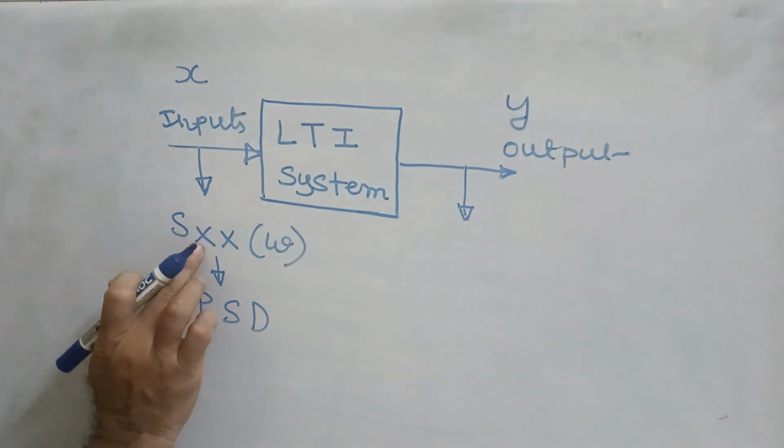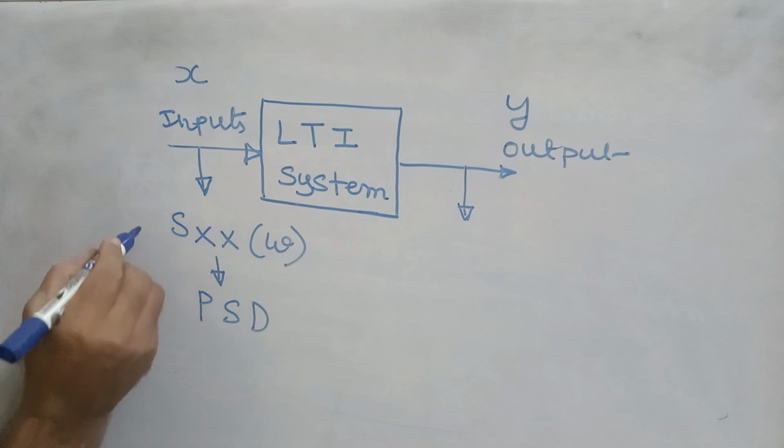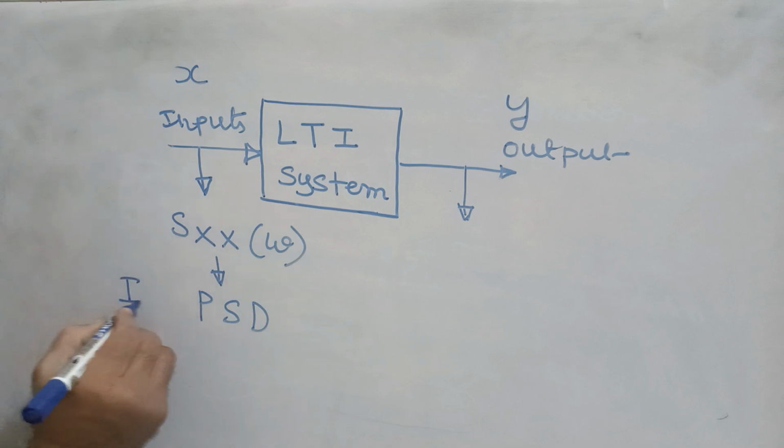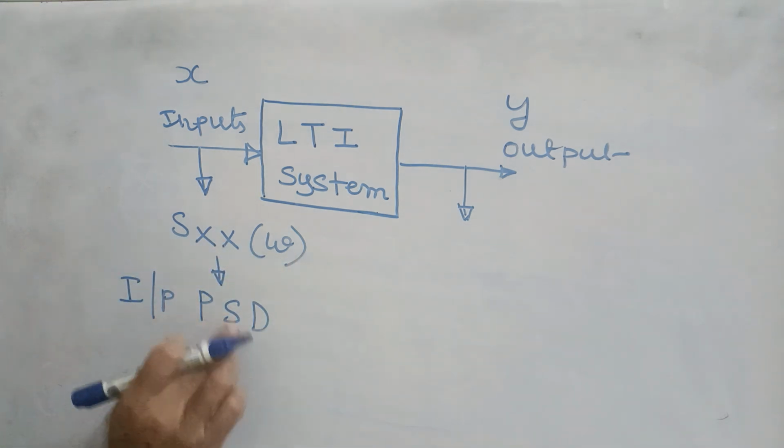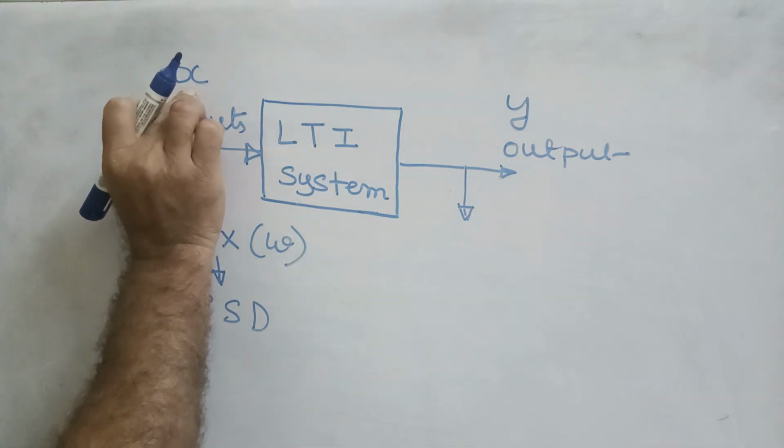Therefore, S xx of omega is the input power spectral density with respect to the random variable x.